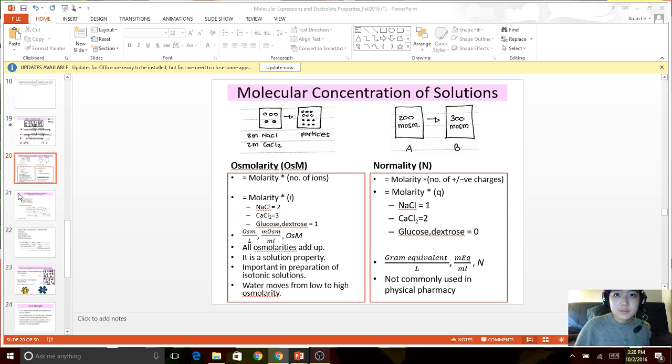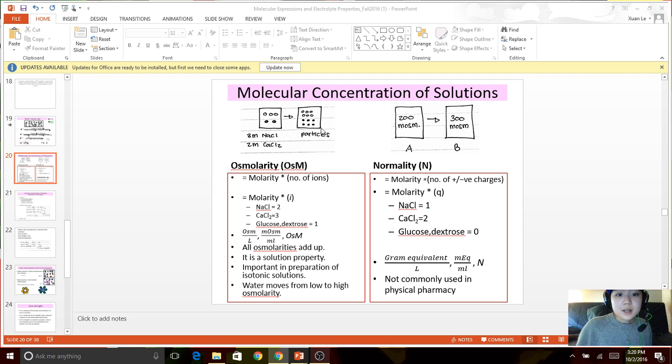So if in a beaker solution you have 3 moles of sodium chloride and 2 moles of calcium chloride, we wouldn't be able to add those two together because they're completely different substances. But remember that the osmoles is the number of particles that a mole of solute contributes to a solution.